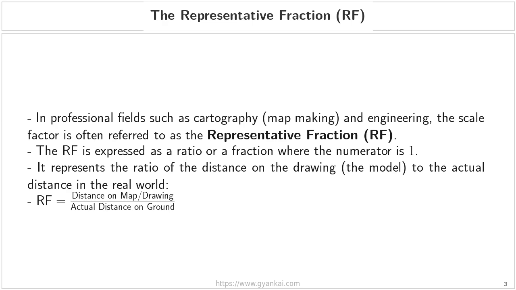Mathematically, we express this as representative fraction equals the distance on the map or drawing divided by the actual distance on the ground. As we will see in our upcoming examples with world maps and blueprints, the key to mastering this is ensuring both those distances are in the exact same units before you perform the division.